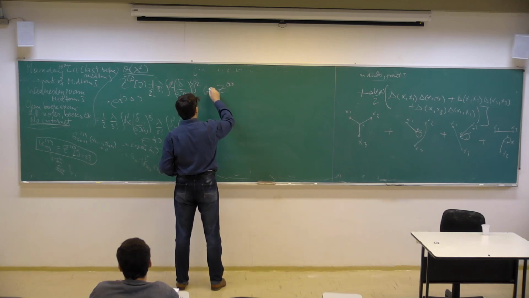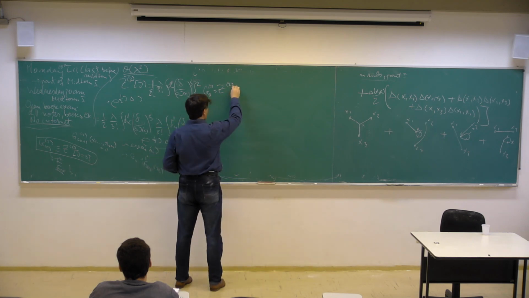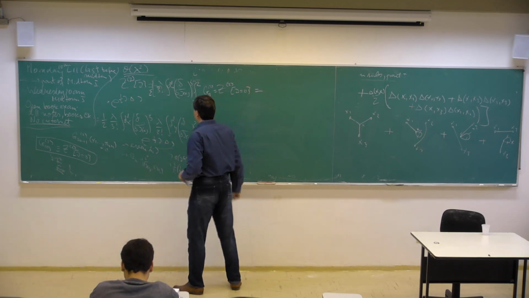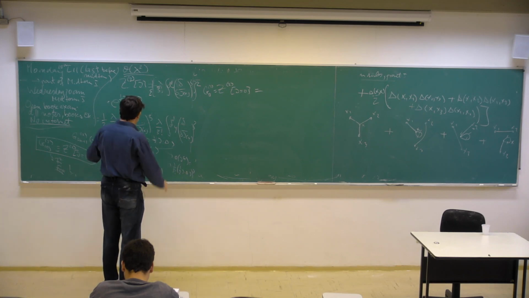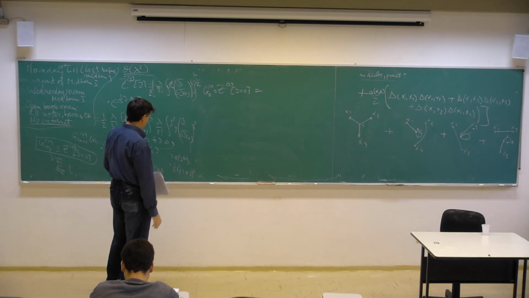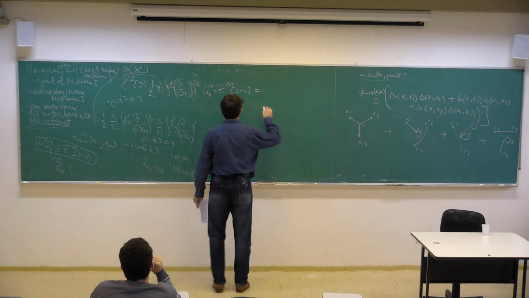So let's write this. j0,2, which is z2 at j equal to 0. This is given by the derivatives acting on only this j to the 6th term, which is the cubic term. So let's write this in more detail.